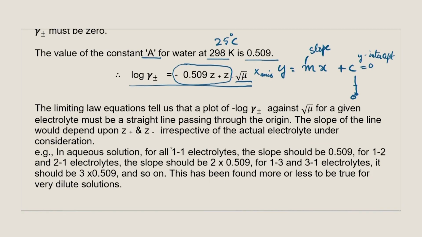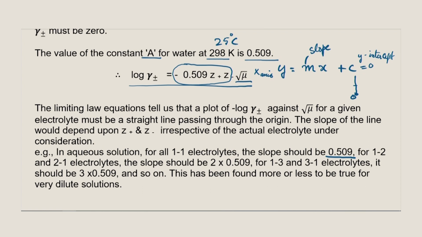We know the Z plus and Z minus, they are the valencies of cation and anion. Suppose I am having a 1,1 electrolyte, both cation and anion are having valency 1. In that case, Z plus and Z minus will be 1, 1 into 1 again it will be 1 itself, and therefore, in that case slope will be 0.509.